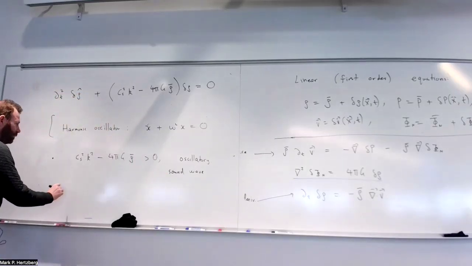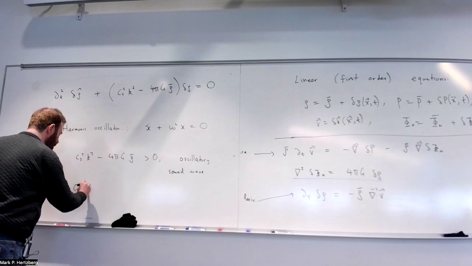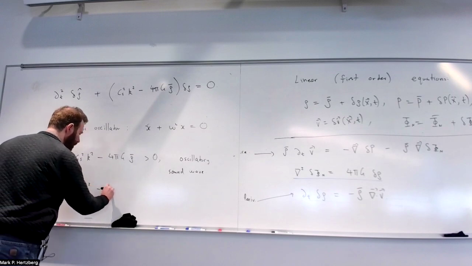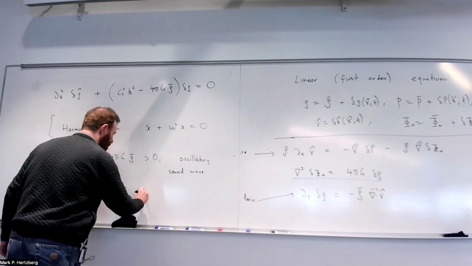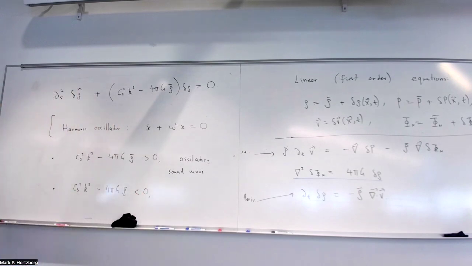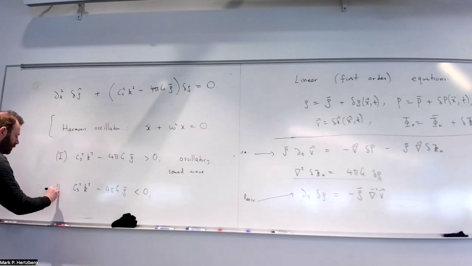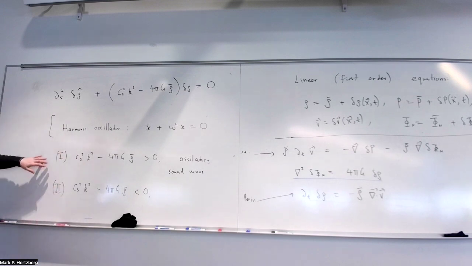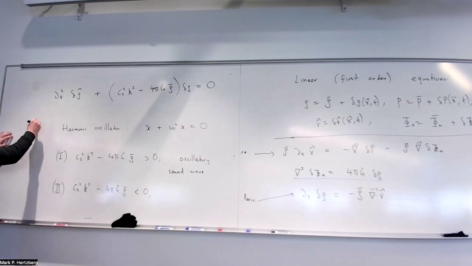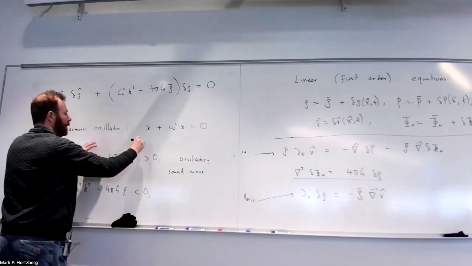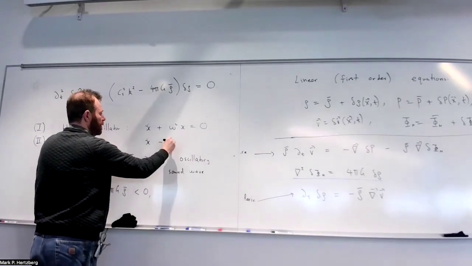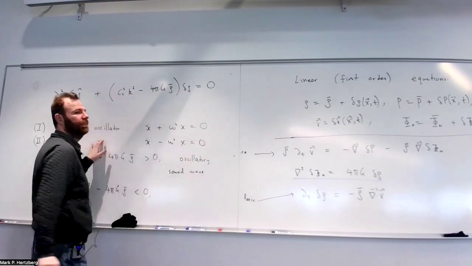But then in the other regime, where this is negative, let's call these case 1 and case 2. Case 2 is x double dot minus omega squared x equals 0.